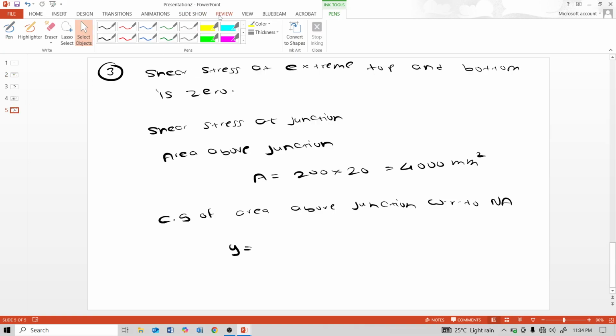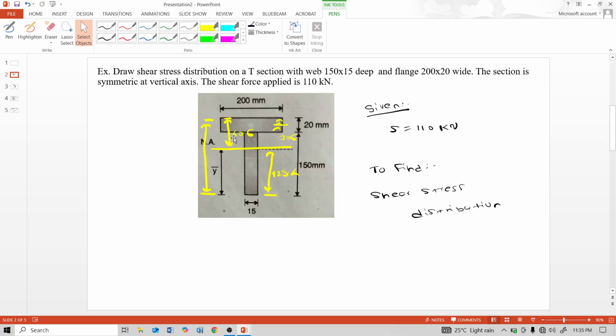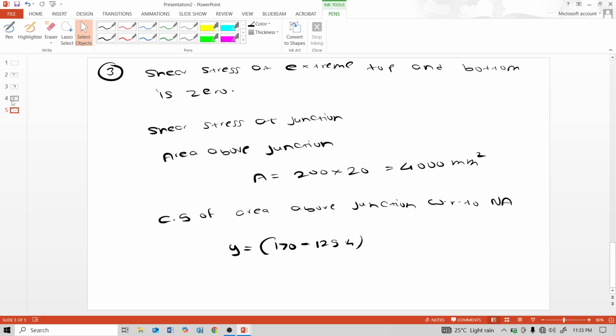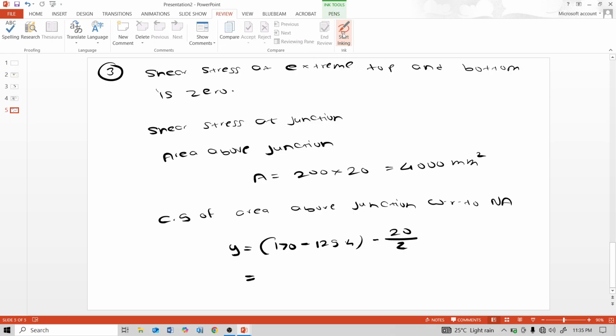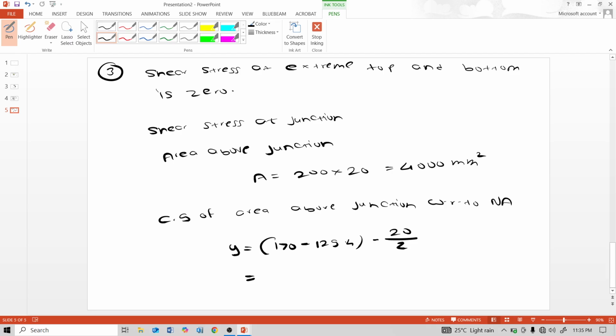So right here, the CG of area above junction with respect to the neutral axis is 170 minus 129.4, that means this 40.6, and minus 20 by 2, is 30.6 mm.